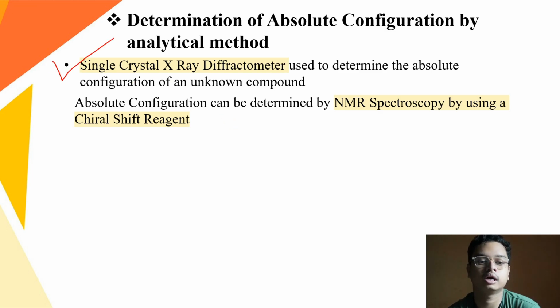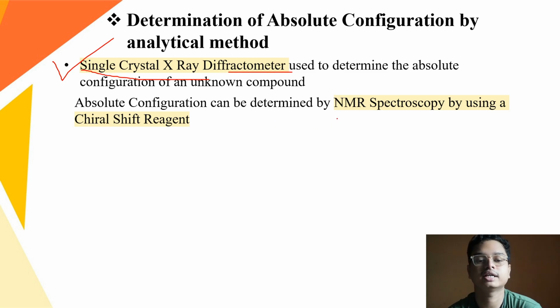The most important and most useful method is single crystal X-ray diffraction. You simply make a crystal of your optically active compound and do single crystal XRD, and by using data analysis, you get the 3D orientation of your crystal, and from there we determine the absolute configuration.